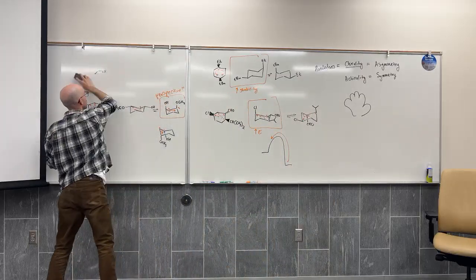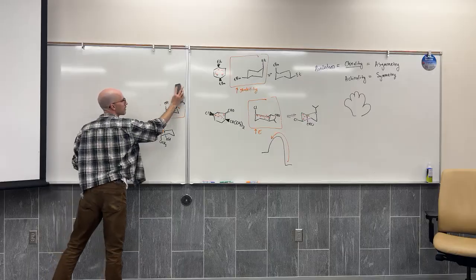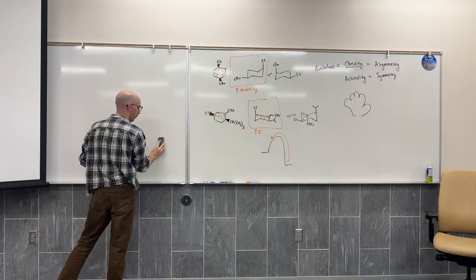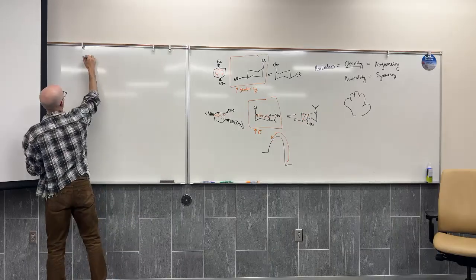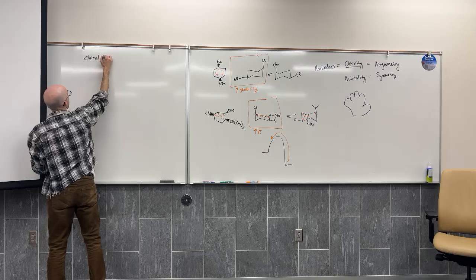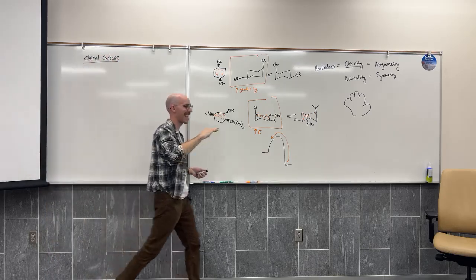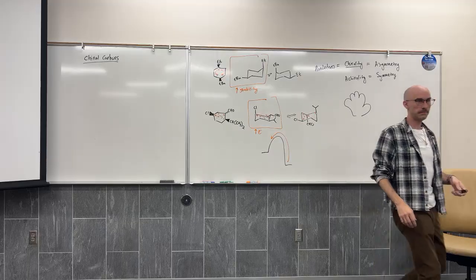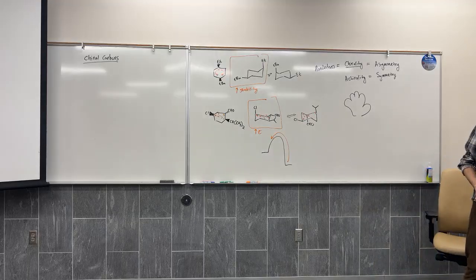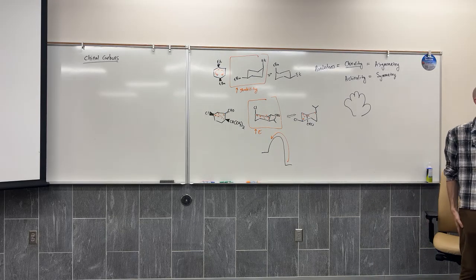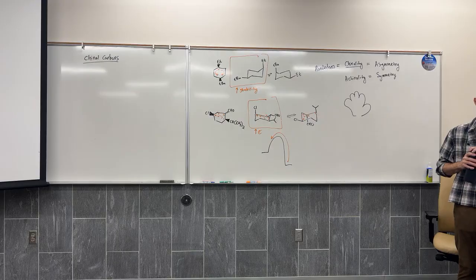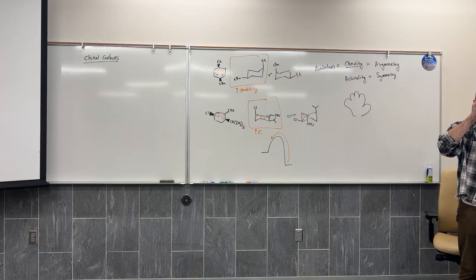But I want to start by talking to you guys about the most fundamental chiral component, which is chiral carbons. Chiral carbons have like 10 different names. Asymmetric carbons, asymmetric centers, chiral centers. Okay, stereo center. I think that's it.